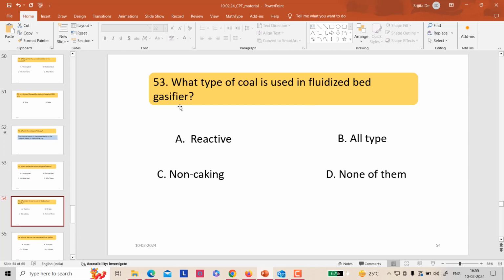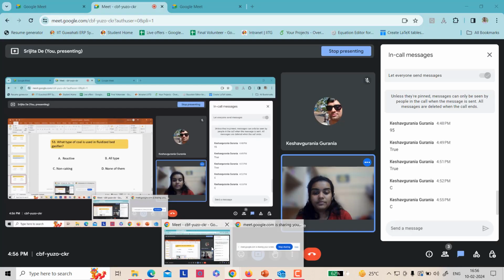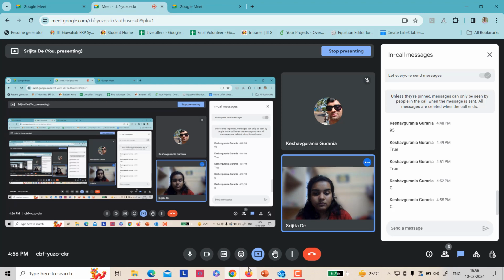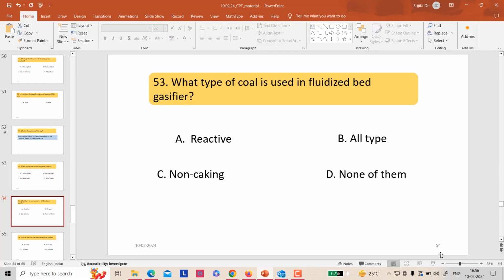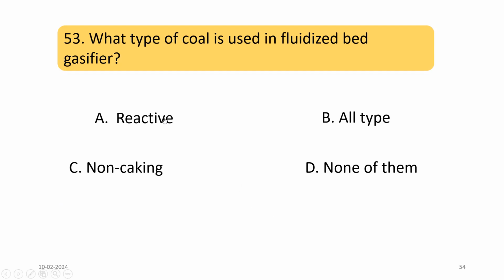Next is, what type of coal is used in fluidized bed gasifier? I think it is already told. It is reactive. It is the reactive one.